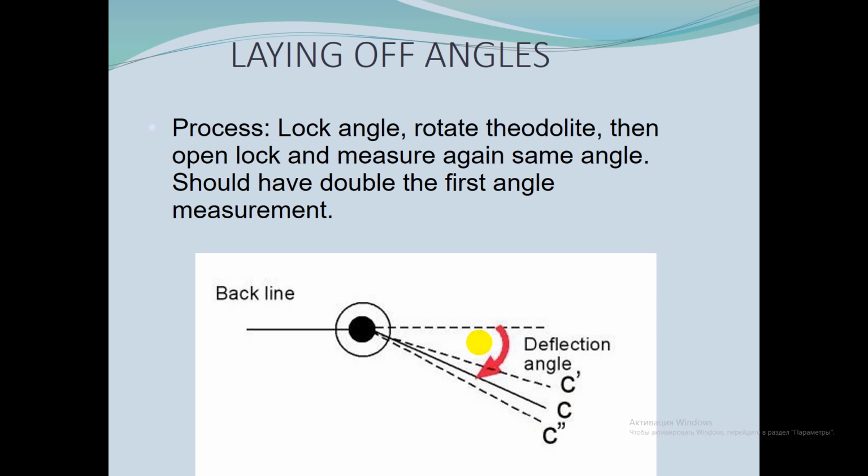So the process is: look at the angle, rotate the theodolite, then look again and measure the same angle, and you should have double the first angle measurement.